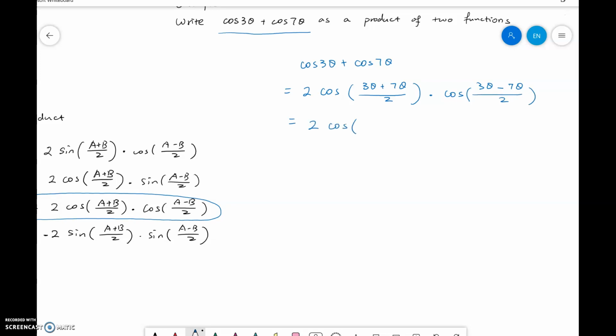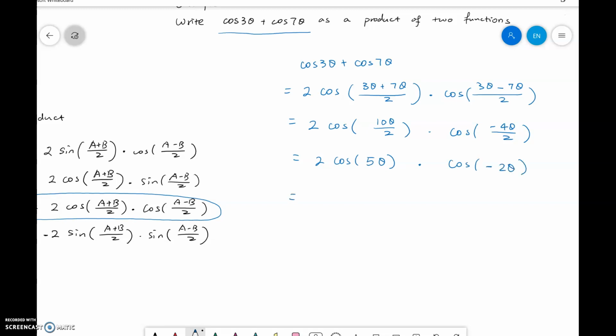We can only simplify by performing the operations between the 3 theta and 7 theta. So I got 10 theta over 2 and negative 4 theta over 2, and then we end up with 5 theta and negative 2 theta.